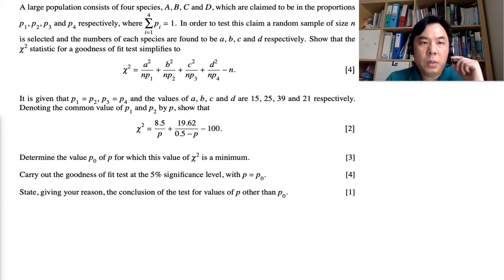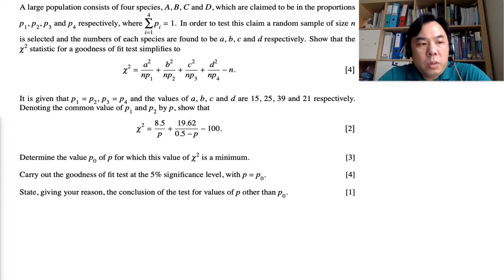We have a large population consisting of four species, for data that they have already collected in this case, and each one claims to be in the proportions of P1, P2, P3, and P4 respectively, where the sum of the proportions must be equal to 1.